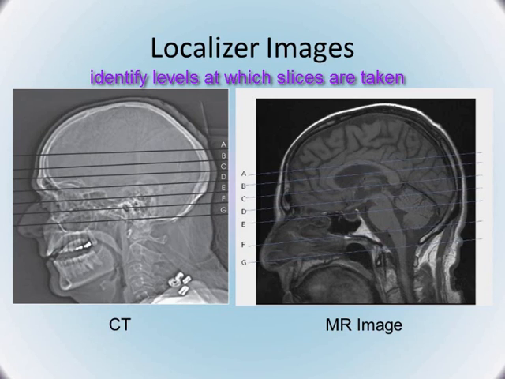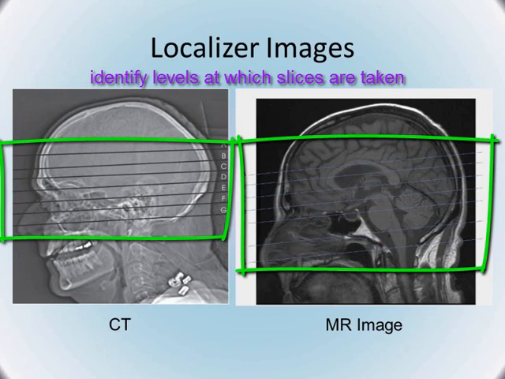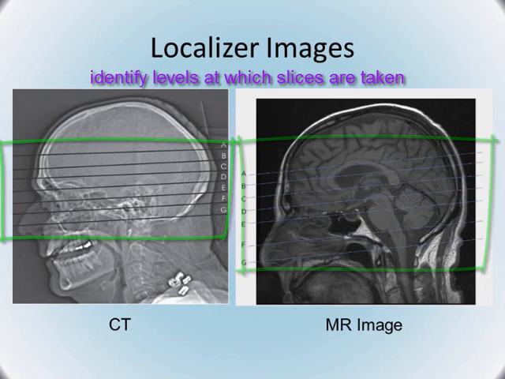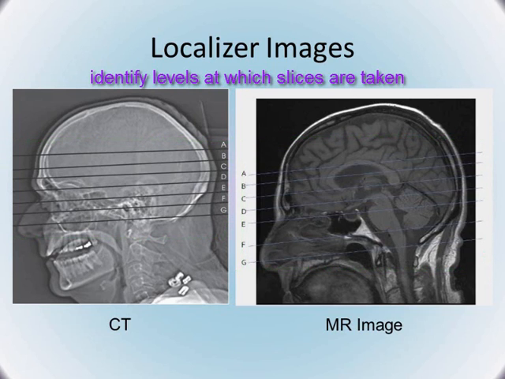The localizer image is going to identify the level at which we're taking a slice. In each of these images, we happen to have 7 lines, but usually the CT and MR tech have a lot more than that. We're going to image more superior than where we are right now, and slightly inferior to that as well.